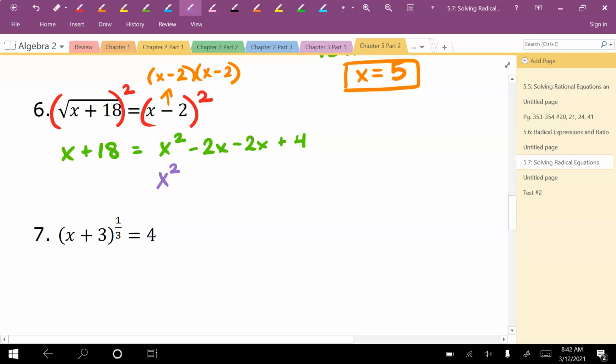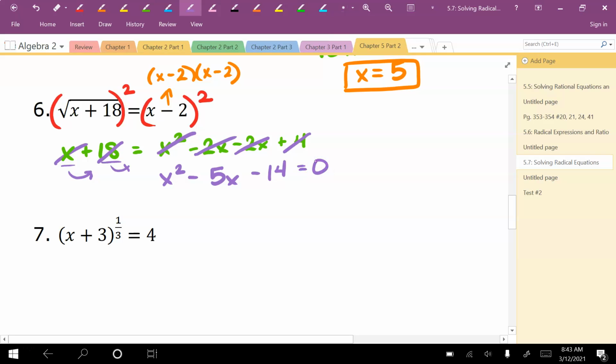And if I subtract this x over to the other side, that's just going to be another negative x. So that's negative 5x now. So that takes care of all those x's. Okay, and then last would be to take that 18 and move it over by subtracting it. So 4 minus 18 would be negative 14. So that takes care of your numbers.